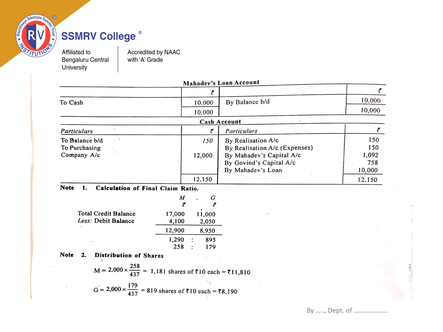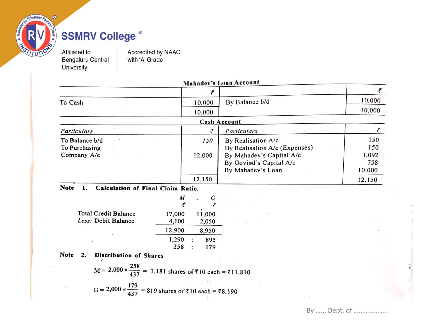That means he gets 1,181 shares of rupees 10 each, so the amount comes to 11,810. For Govind, of the 2,000 shares, what he gets is 179 divided by 437. That is 819 shares of rupees 10 each.